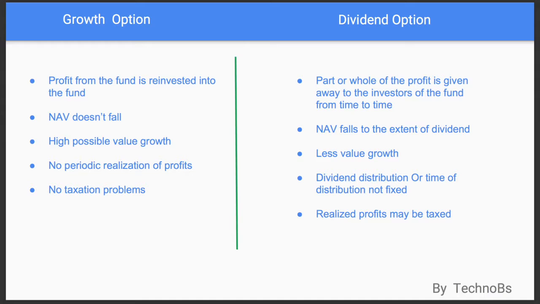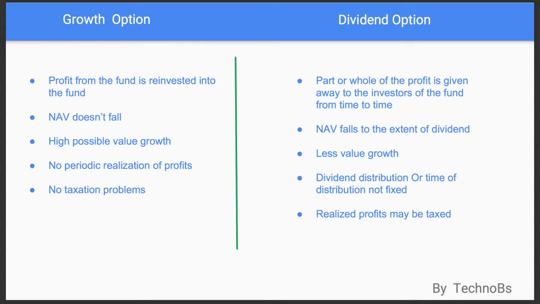When it comes to profit realization, yes, because you are not taking your amount out and you are letting that $12 grow, you don't get to see periodic realization of profits. You don't see your money periodically. On the other hand, if the mutual fund company decides to give periodically, then you get to see your profits realized from time to time.